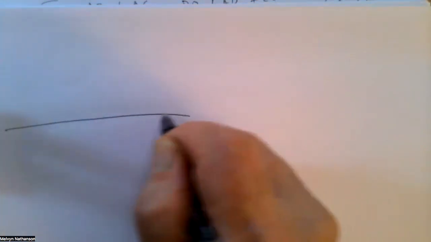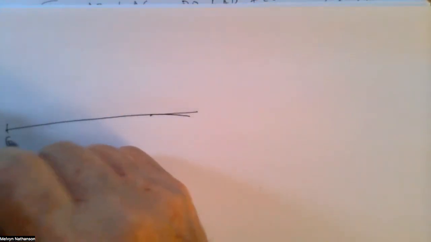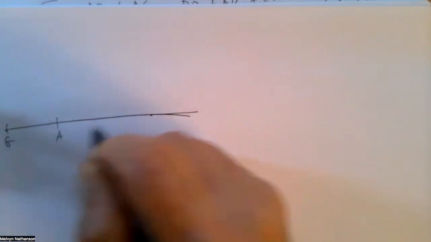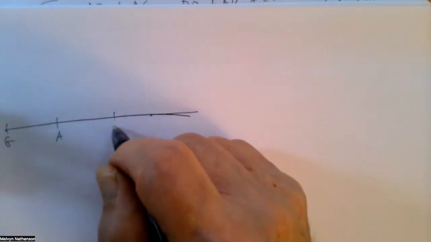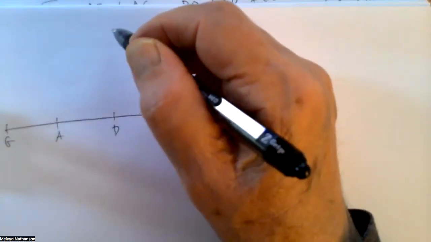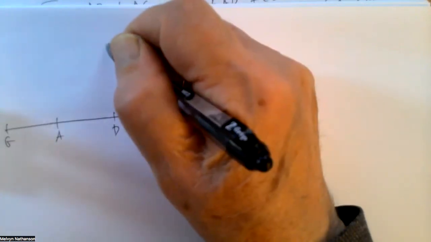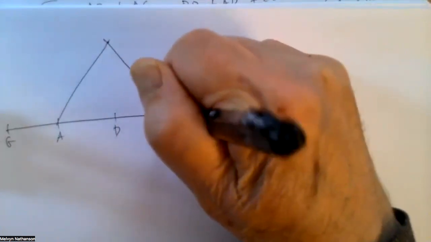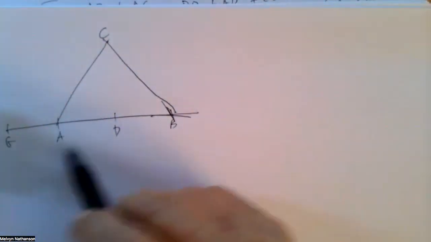So I have the line from G to A to D to B, and my triangle is this, ABC.